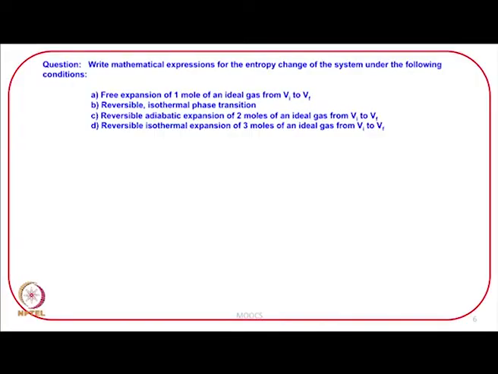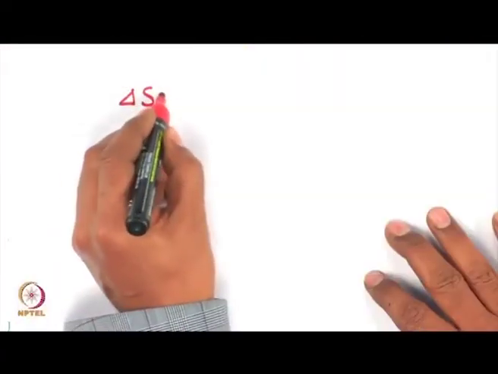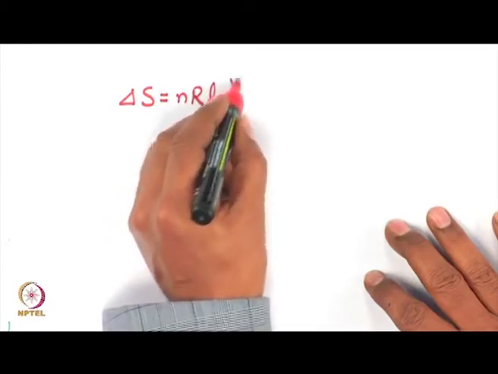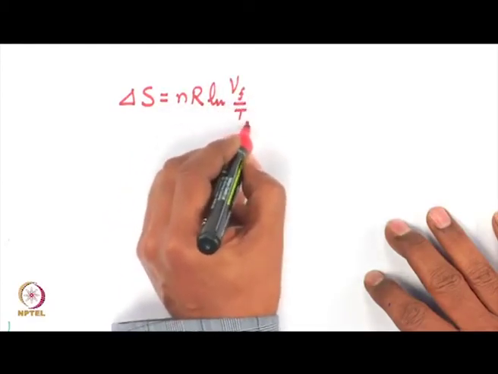Again recall, free expansion is simultaneously both adiabatic as well as isothermal. So, as long as I get the keyword isothermal and the gas is perfect, I will have to use this equation, delta S is equal to N R log V final by V initial.